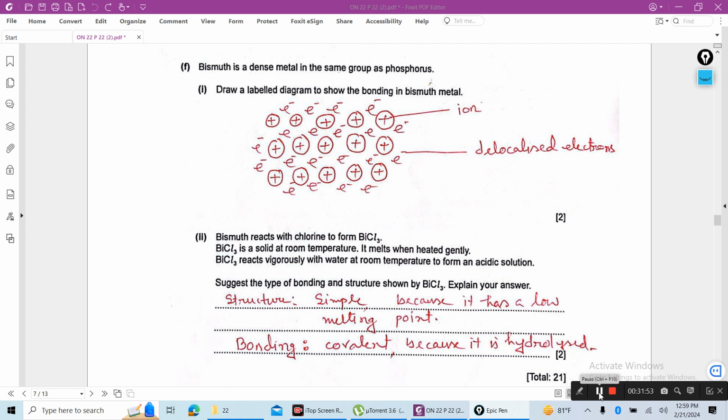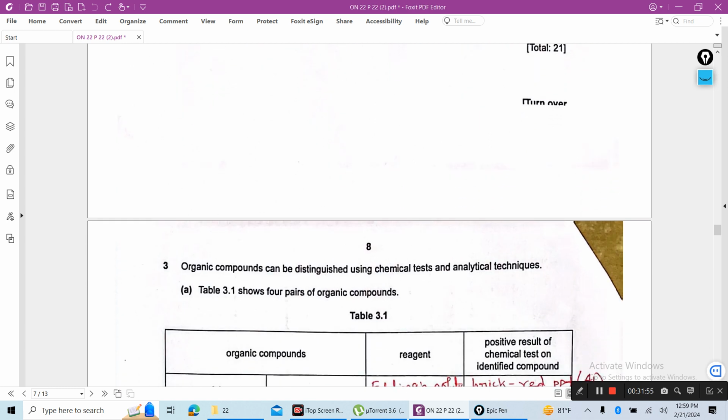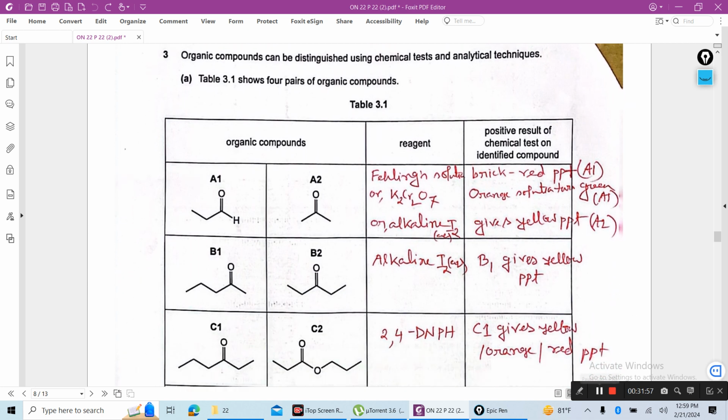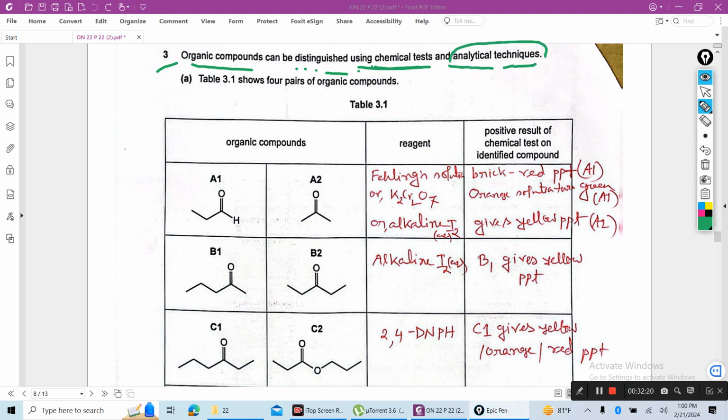Okay, now next. Number 3, this is from organic chemistry. Organic compounds can be distinguished using chemical tests. By chemical test you can distinguish organic compounds, and analytical techniques also you can apply.